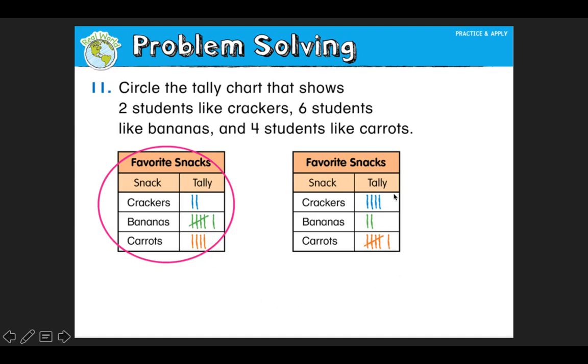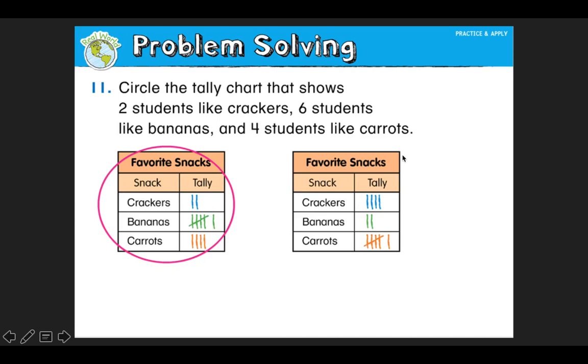If I look at the tally chart on the right, how many students like crackers? 1, 2, 3, 4 students like crackers. 2 students like bananas, and I have 5, 6, a total of 6 students that liked carrots. So this tally chart didn't show the correct information.